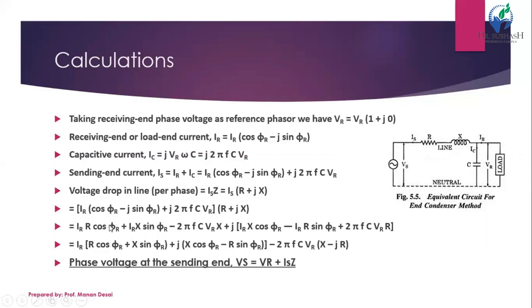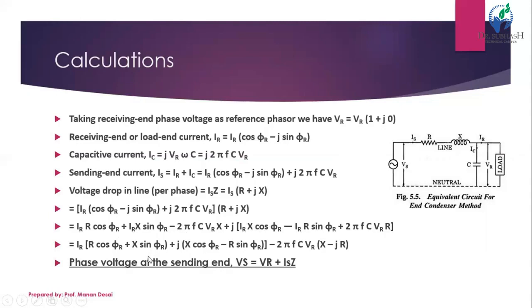And after the calculation, IR cos phi r plus IRX sin phi r minus 2 pi f CVR, plus j. So this is the active part, or real part, and this j is the imaginary part.